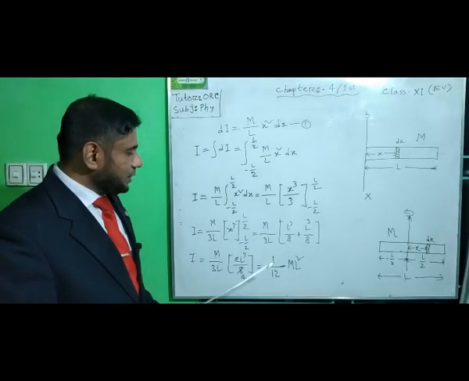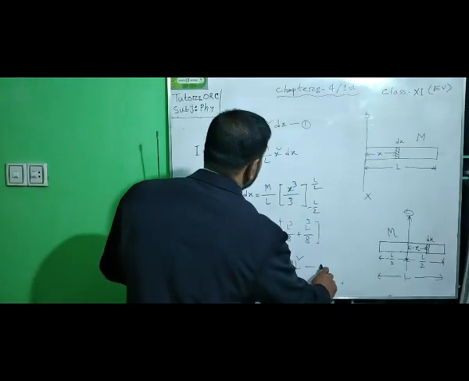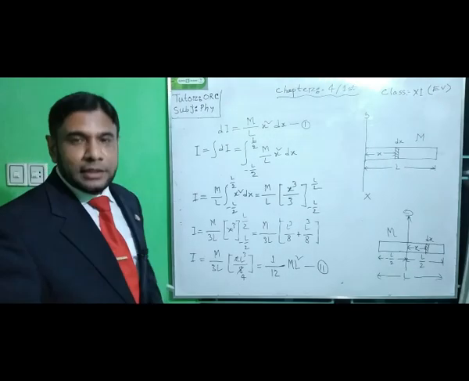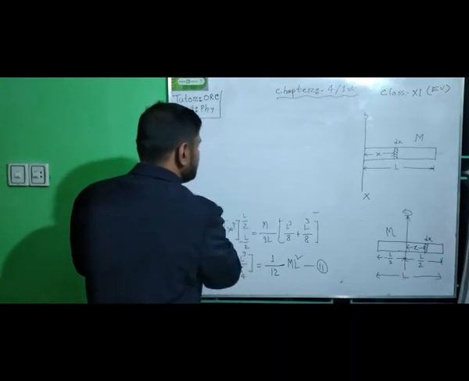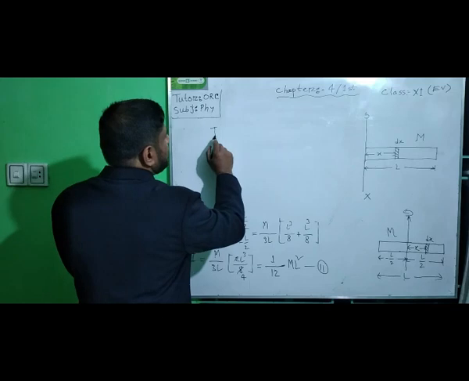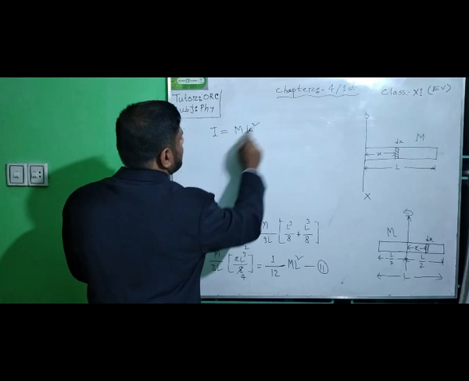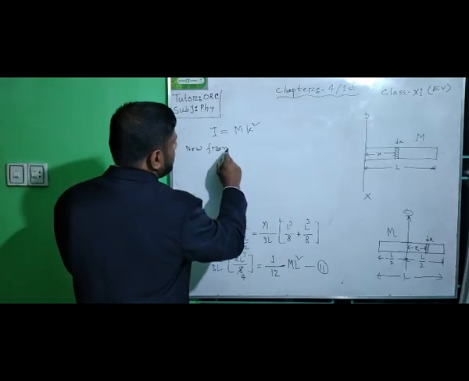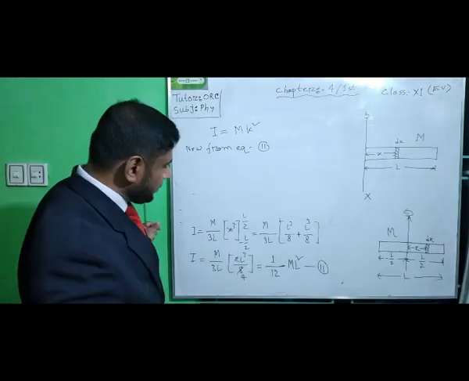And again, from this information, suppose this is equation 2, and again we will find out the radius of gyration. If the radius of gyration is k, then again we can write I equal to m k square. Now let us put the value from equation 2 here.